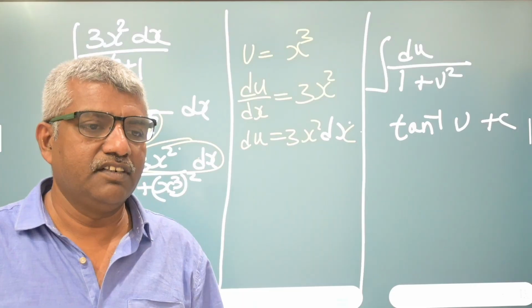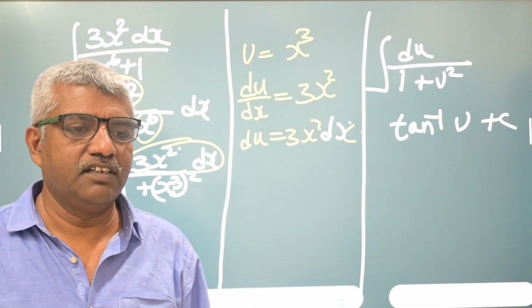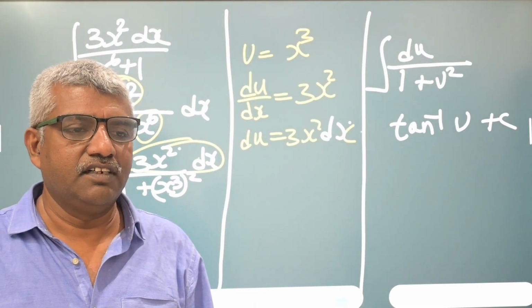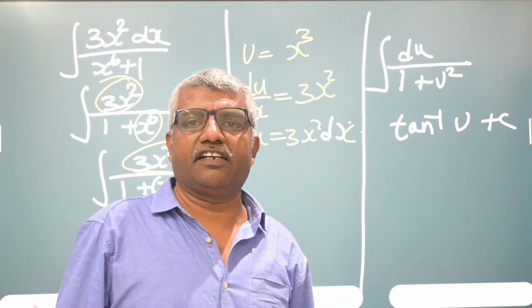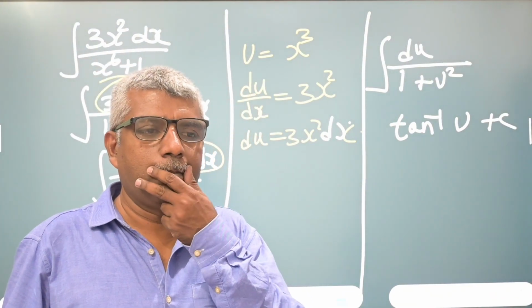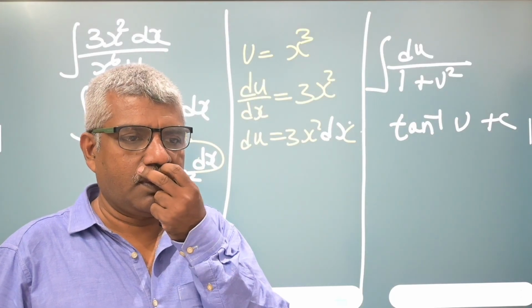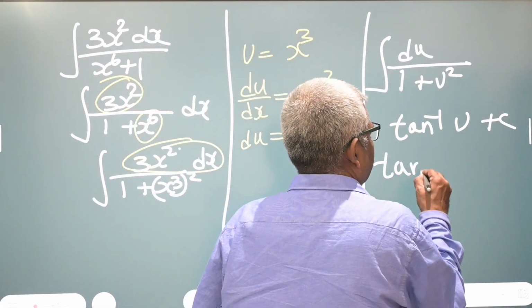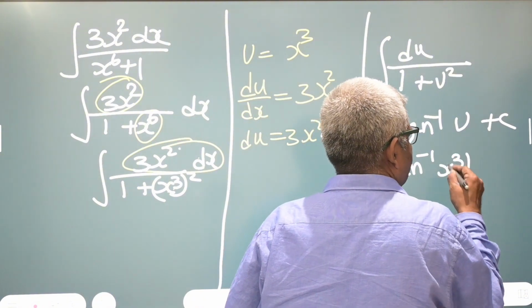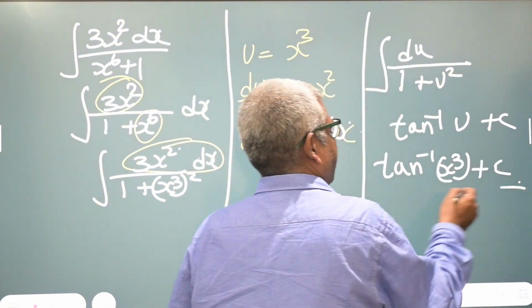Why? Because tan is there. No, another one step to be done. Tan inverse x cube plus c.